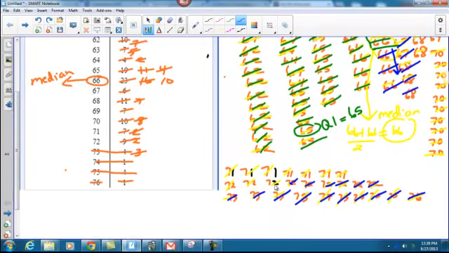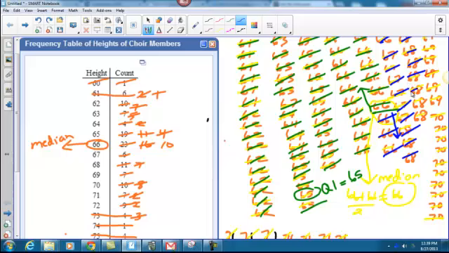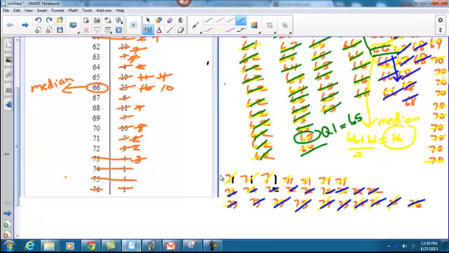And I'm just going to continue to do this until I get to the middle. 1, 2, 3.